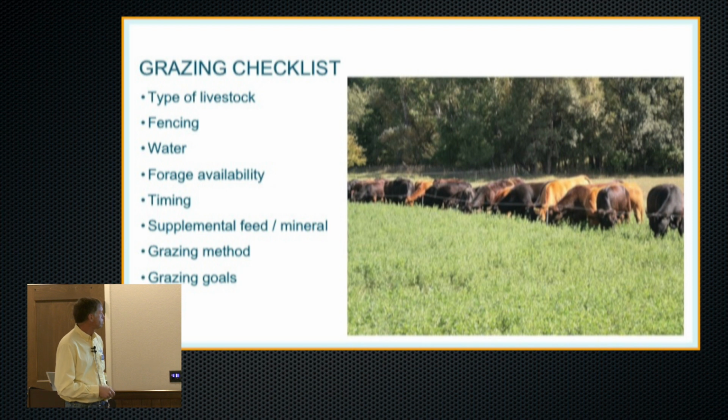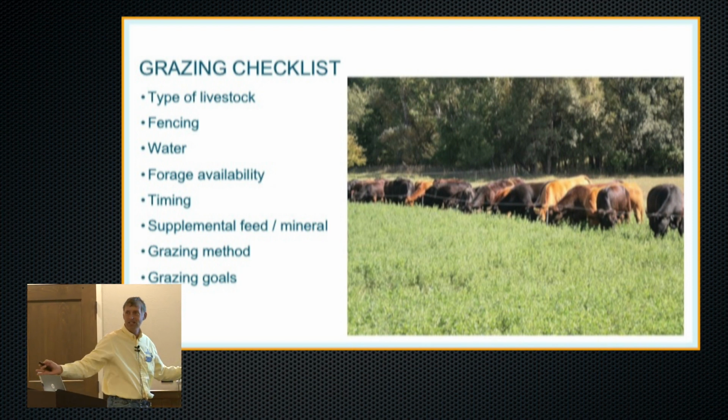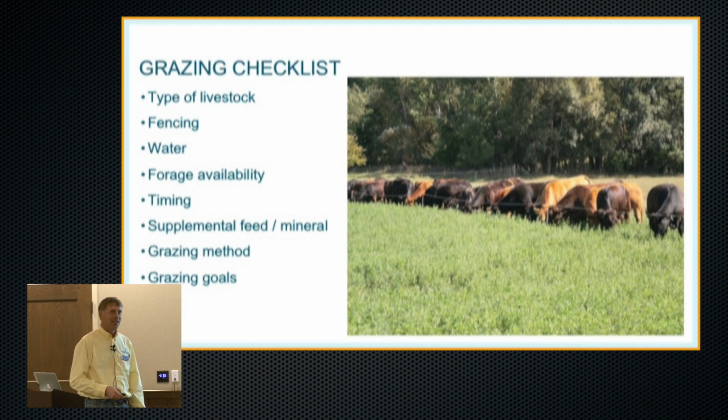Grazing method. You can have a field the size of this room, and it's got so much forage in it, and you can figure it'll last for so many days, and you turn this number of head in and let them at it. Or you can turn that same number of head in, and you can have a fence that you move across this room in succession.